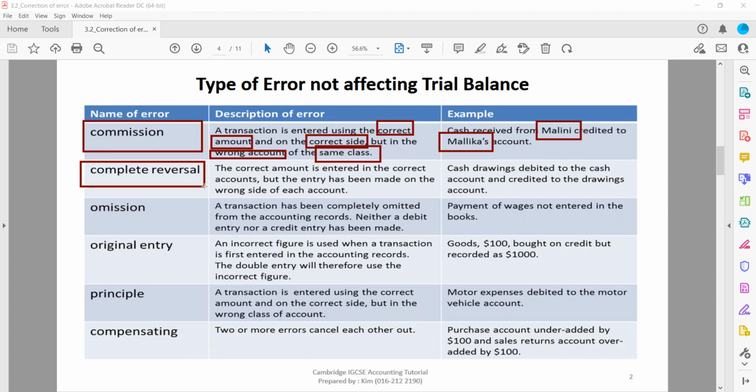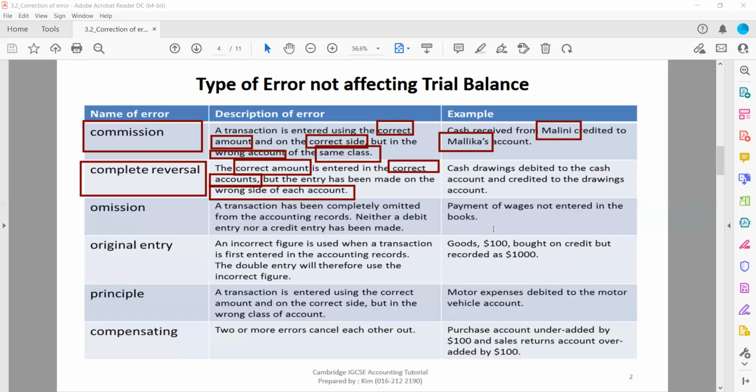Complete reversal. Complete reversal is when the correct amount is entered in the correct account. Amount correct, debit and credit accounts also correct. But we put it into the wrong side of each account. For example, cash drawing debited to the cash account and credited to the drawing account.